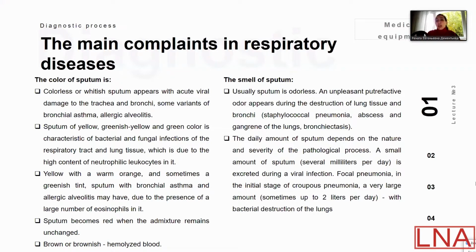Different amounts during the day, from some milliliters to 2 liters of sputum in case of abscess of the lungs. So the color of the sputum, the smell of the sputum, and the amount during the day.